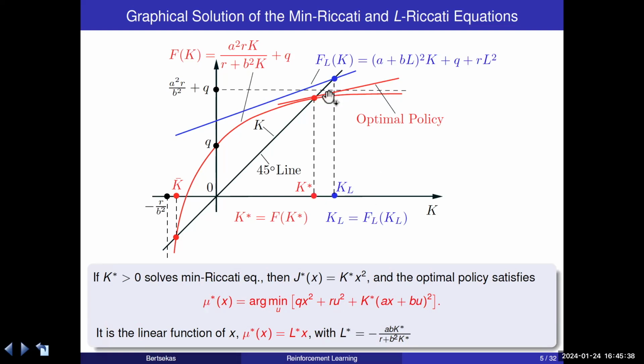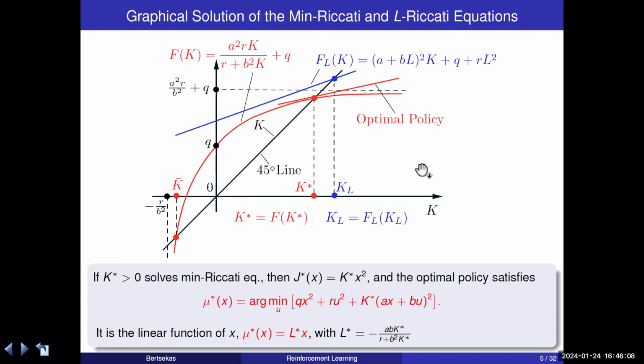At K star, we linearize this red curve by a Taylor series expansion, and we obtain the graph of the optimal L star Riccati operator. Is this figure clear? Of course, this is a one-dimensional graph because I can only plot in 2 dimensions.